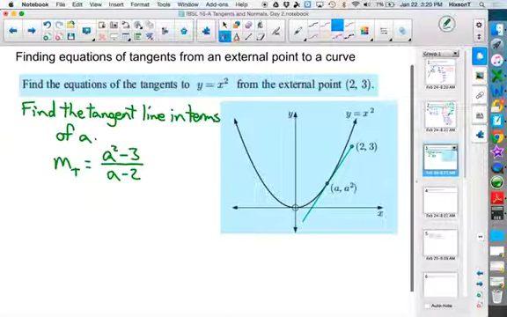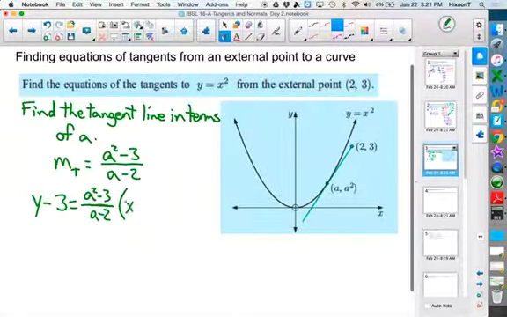So I'm going to use point-slope form to get the equation of my line. y minus the y-coordinate, I'm going to use the point (2,3). So y minus 3 equals my slope, (A squared minus 3) over (A minus 2), times x minus the x-coordinate, x minus 2.